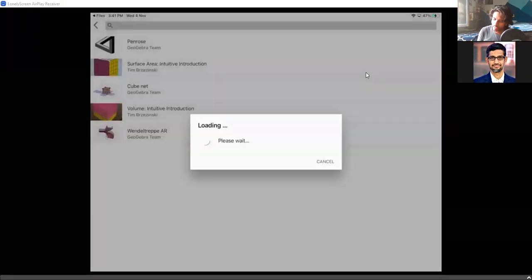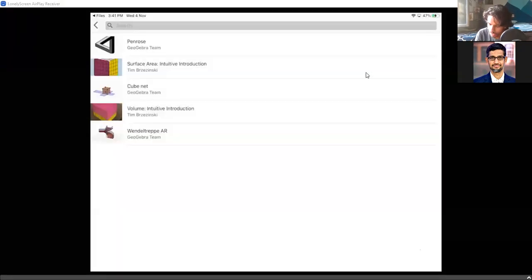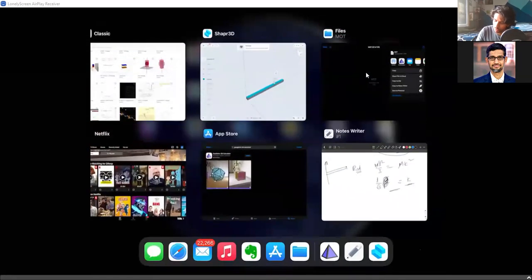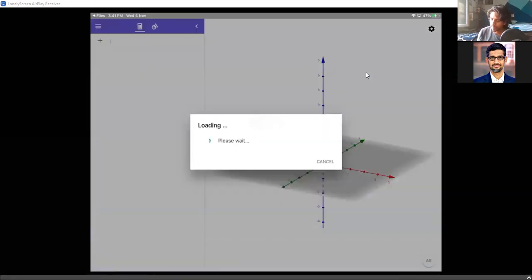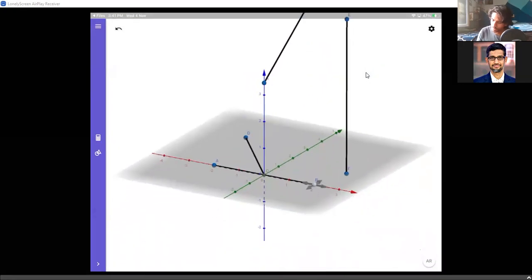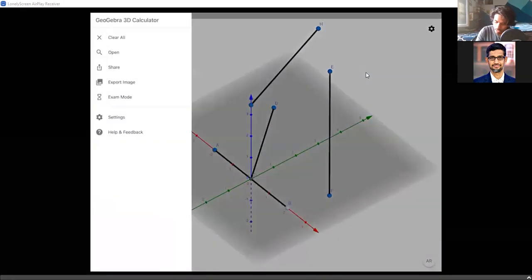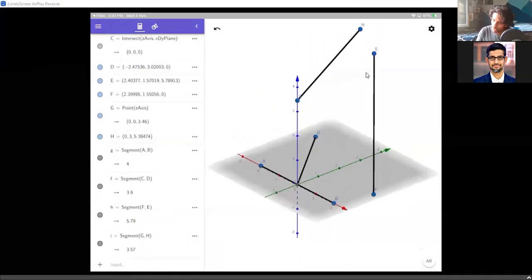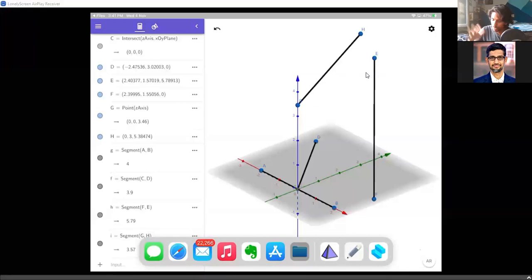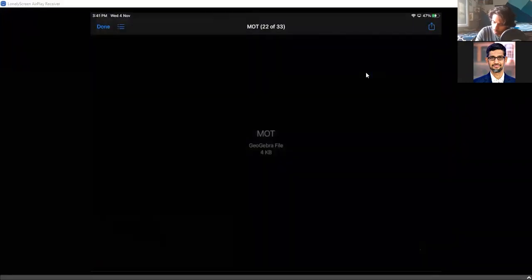Open 3D calculator and it's supposed to open. Why did it not open? Yep, we got it. Let me hide all the stupid things here. Oh, no. I don't want this. I even made a better one. Let me go to that.